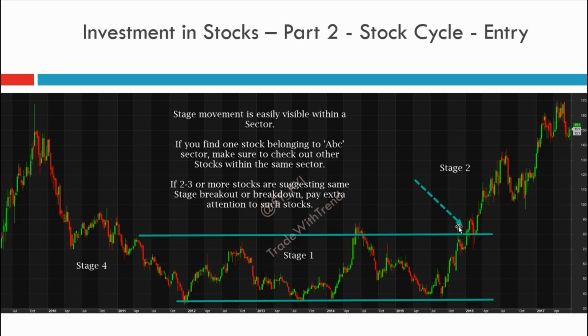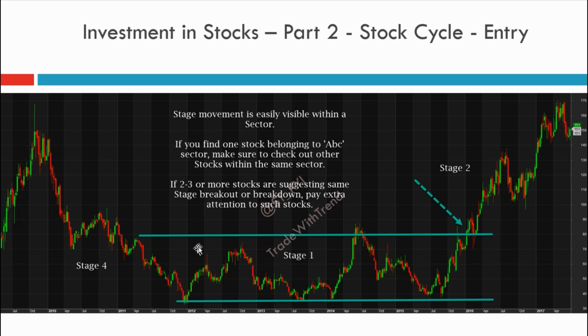One thing I want to add here is that whenever you spot a stock, hypothetically, let's say we are interested in taking a trade in this stock, and this is something like Yes Bank. I'm just giving an example. So what you need to do is check private sector banks, other stocks like Yes Bank, let's say IndusInd Bank, Kotak Mahindra Bank, HDFC Bank.